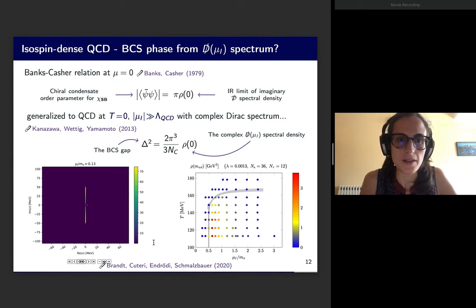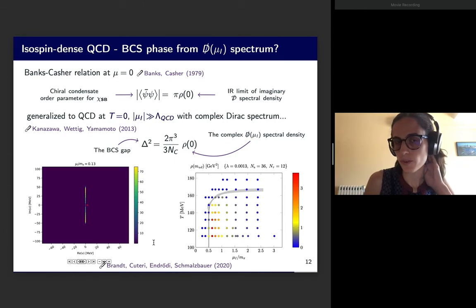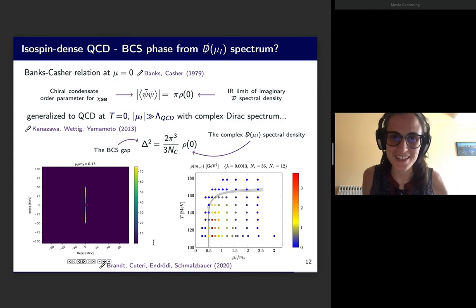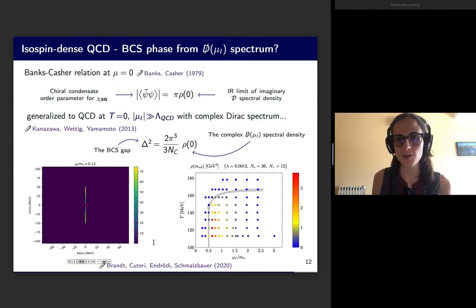One option to look for that, which is actually a current subject of research, and I am including it in the class so you see that there are ongoing applications of this, is to exploit what I mentioned in the previous video as a generalization of the Banks-Casher relation, to try and find out whether one can directly measure on the lattice the BCS gap that develops within the superconducting phase, just by looking at the complex spectral density.